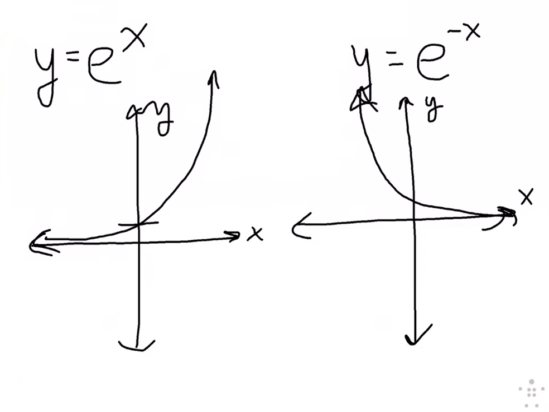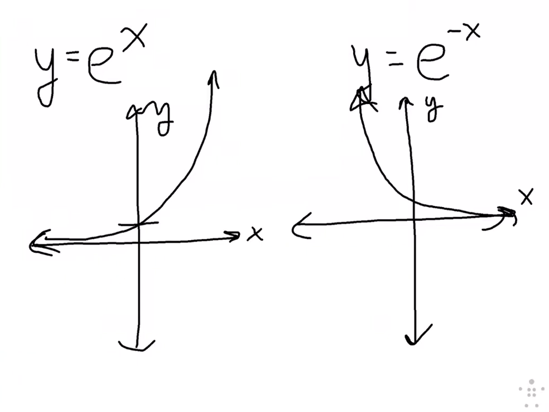Close to it? Now, here's why I knew it was a decay before you guys even graphed it. Not because I knew what the problem was, but also because of this. What's the difference between the left-hand graph and the right-hand graph? The exponent. And in the exponent, we have a negative.